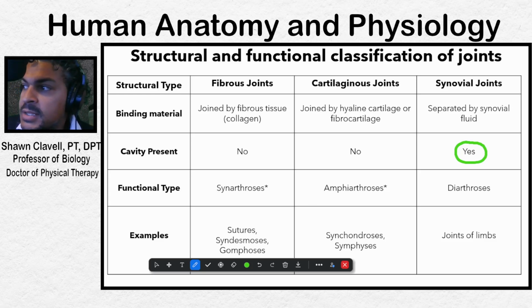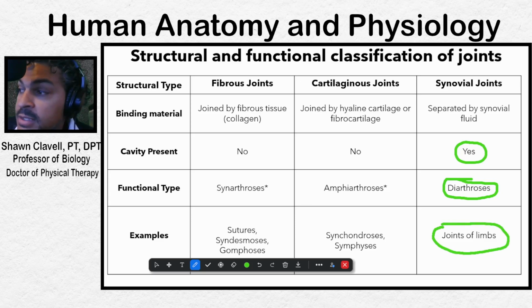And the other concept here is that for the most part, these are our freely movable joints. So you can see here that all synovial joints are diarthroses, meaning that they are freely movable, and these are the ones that are related to the joints of the limbs here. So, related to movement, perhaps, as we could say.